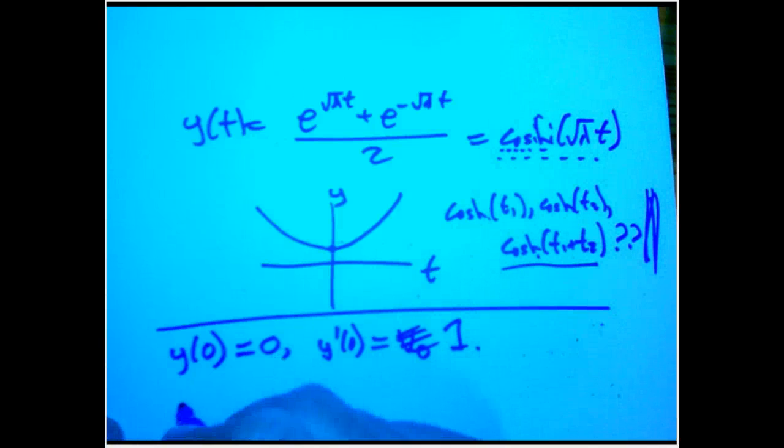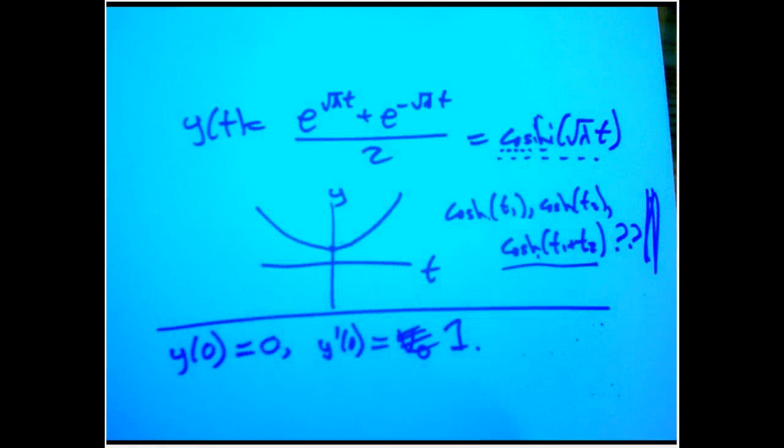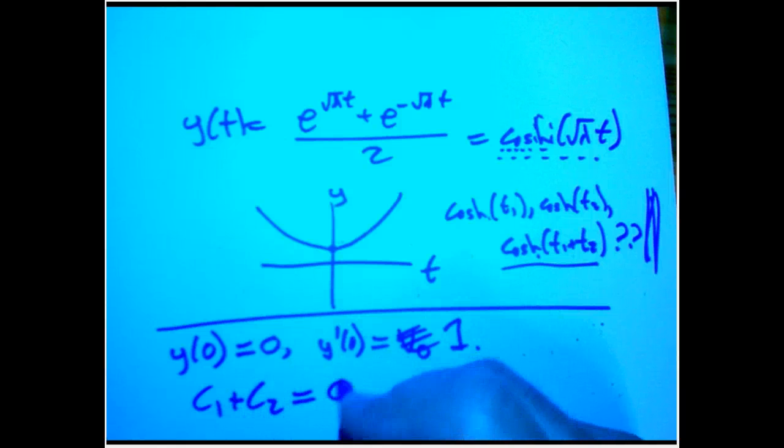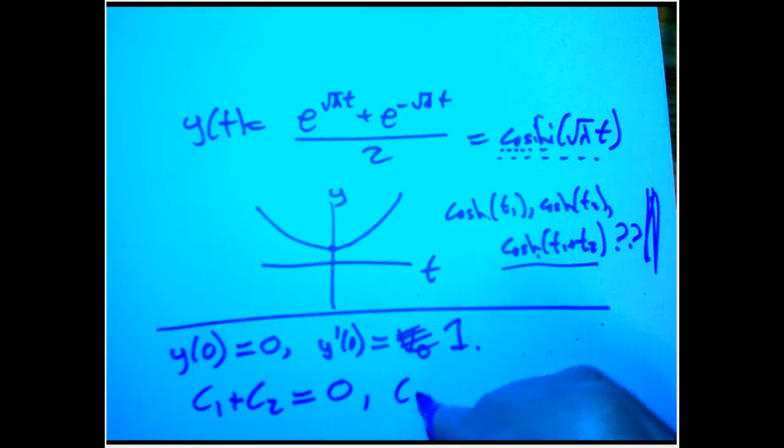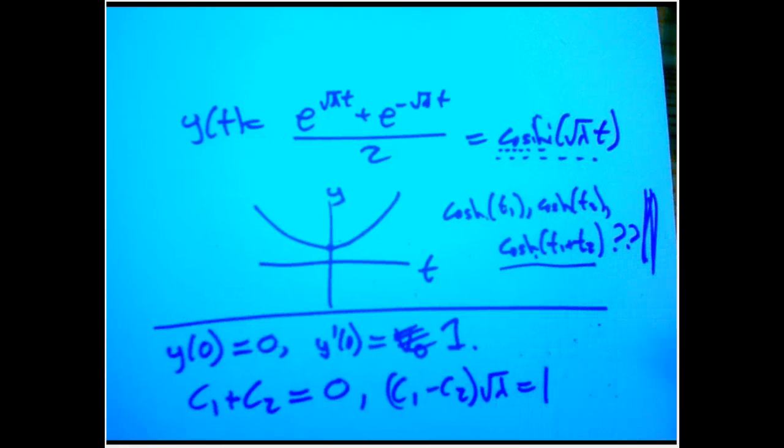Okay, so now we already had y of t and y prime of t. There we are. When we set t equals 0, we get c1 plus c2 equals 0, and c1 minus c2, all times root lambda, equals 1.